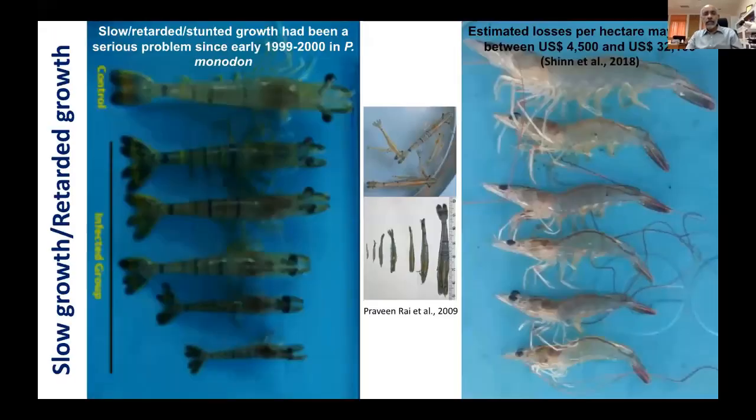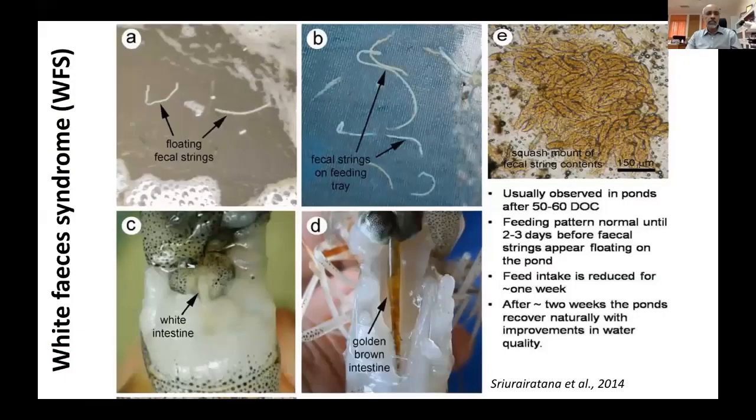So coming to the next, it's really a Pandora's box. You can see here retarded growth. Retarded growth was initially noticed in Penaeus monodon, and at that point in time we all believed that Penaeus vannamei is resistant or refractory to this particular problem. However, over the period when Penaeus vannamei started dominating shrimp aquaculture in Asia and other countries, slowly this problem has crept into vannamei culture as well.